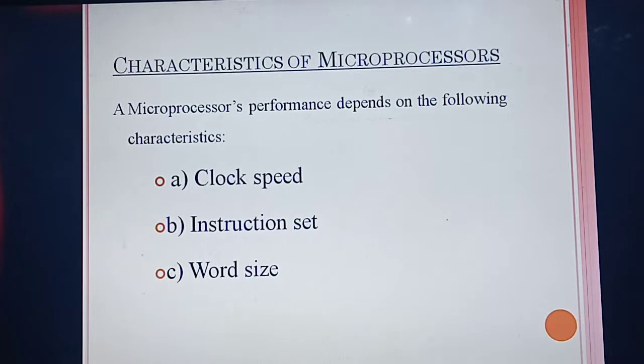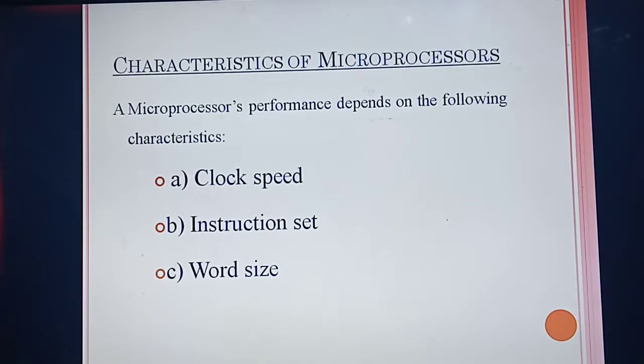If I ask you the characteristics of you, you will tell about your character. In the same way, what do you mean by microprocessor? It's a small silicon chip. Last class I showed a real image of the microprocessor. So what are its characteristics?